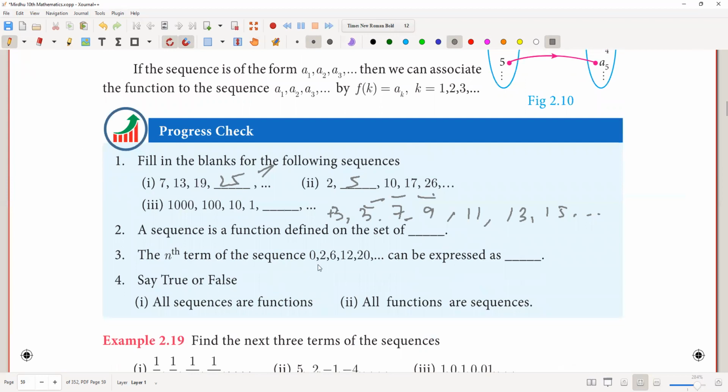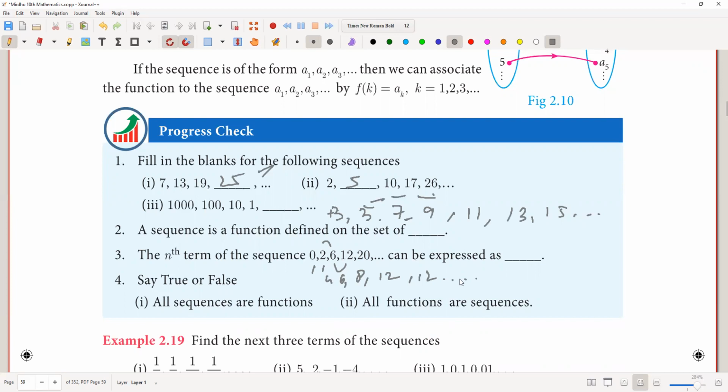The nth term of the sequence 0, 2, 6, 12, 20 can be expressed as... The differences are 2, 4, 6, 8, 12, and it proceeds on like that.